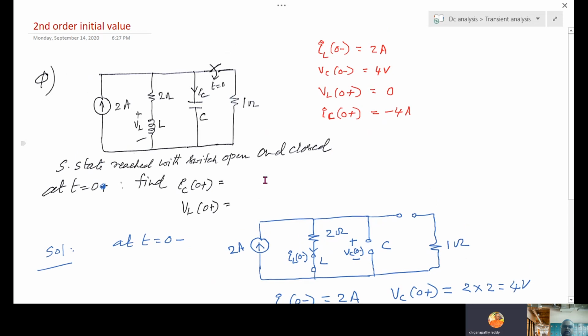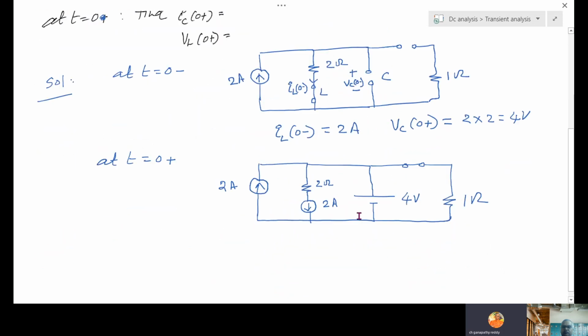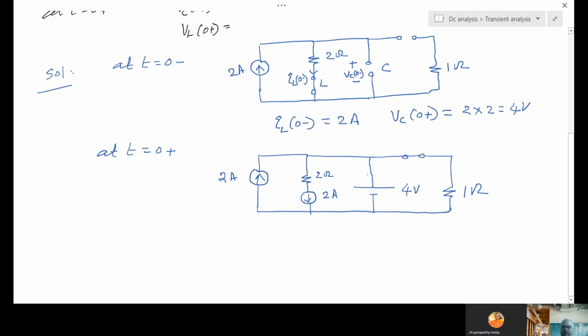So what is the question asking? IC0 plus. This is a capacitor. IC0 plus is asked, and VL0 plus. IL0 plus is easy, anyway 2 amps. VC0 plus also easy, anyway 4 volts.